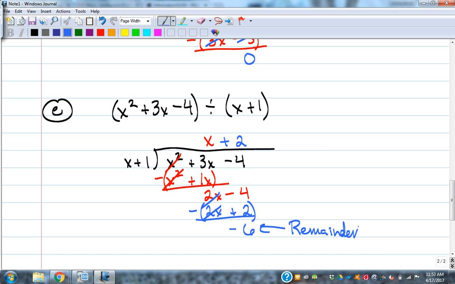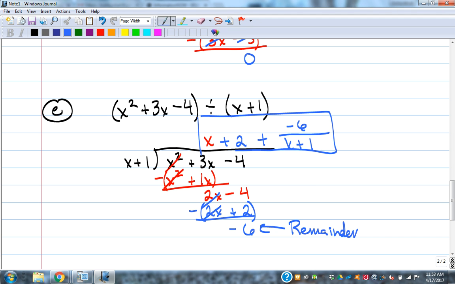The way that we want to write a remainder is we add the remainder over what we divided by. And that's your final answer. If there's anything left over, how do I know I'm done? Well, is there anything times x that'll get me negative 6?